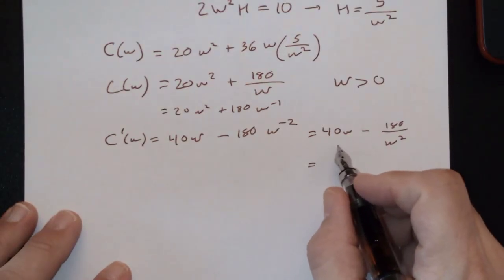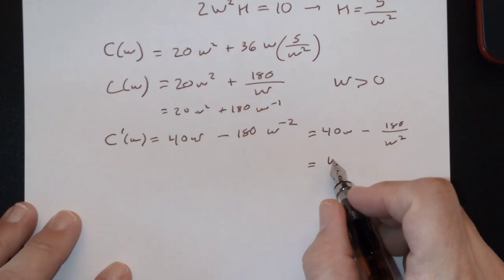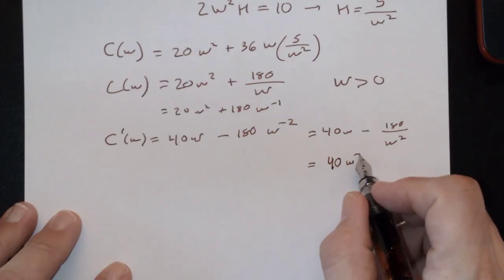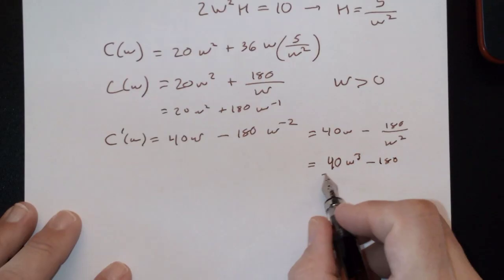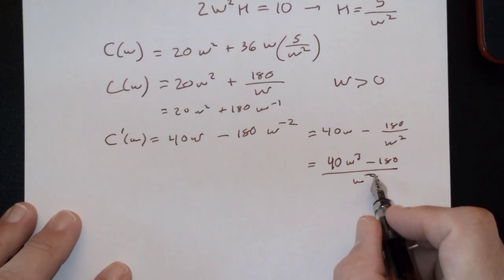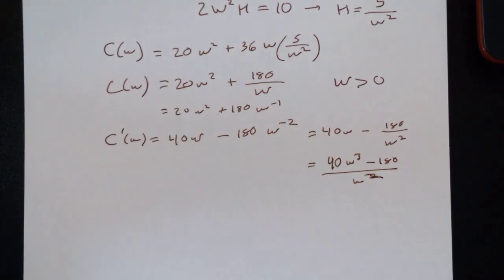I need a w squared on the bottom here, so I multiply by w squared over w squared, making this a w cubed. Where is this equal to 0? Wherever the top is 0. Where is this undefined? Wherever the bottom is 0.